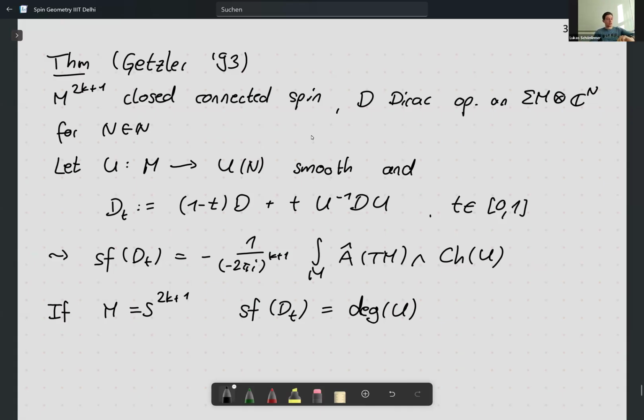From a K-theoretic viewpoint, this might be quite satisfactory, but as far as I know, it seems to be quite difficult to find such unitary maps such that we actually get a family of operators with non-trivial spectral flow.